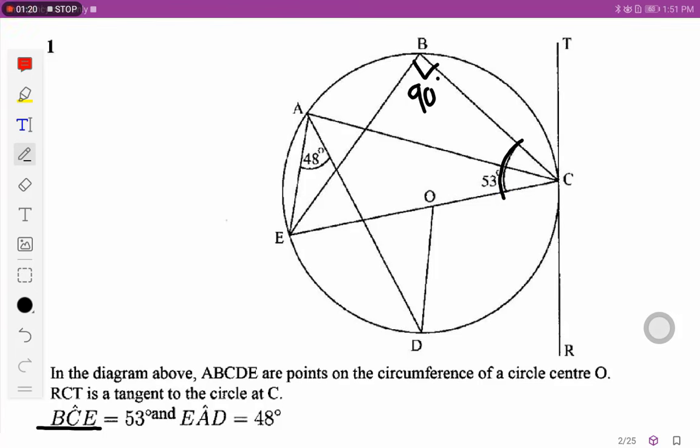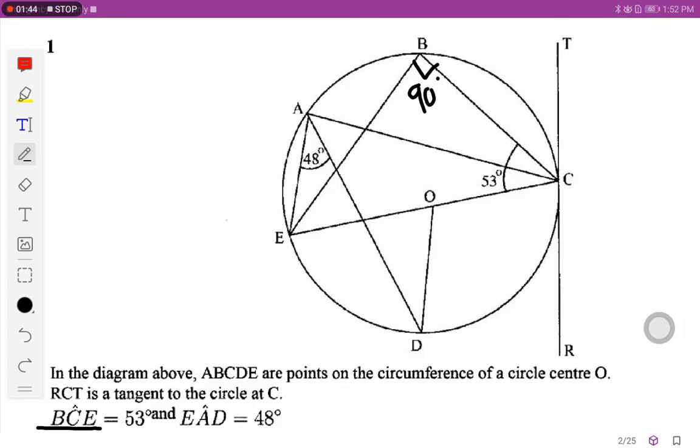We are given that BCE, this whole angle there, is 53 degrees. So I can also calculate this angle using the idea of triangles. It's going to be 180 minus 90 minus 53.